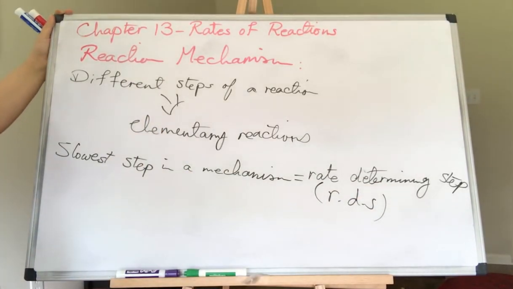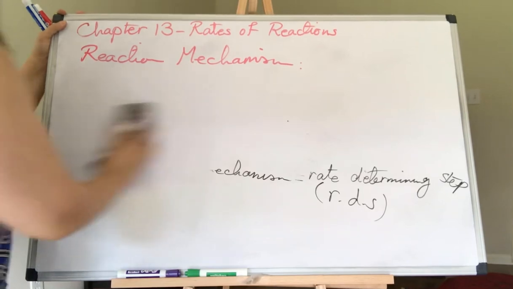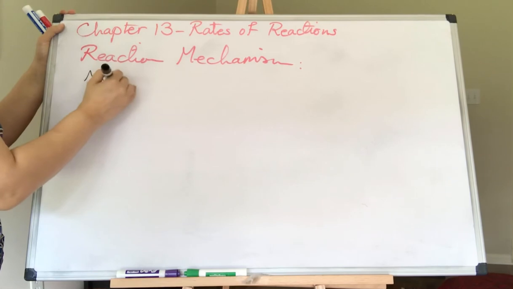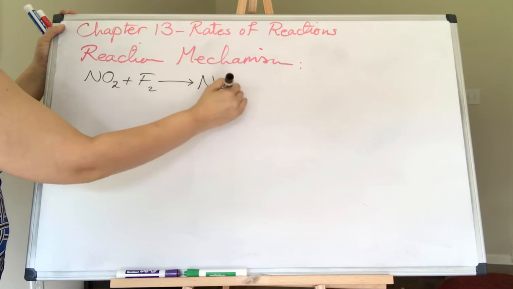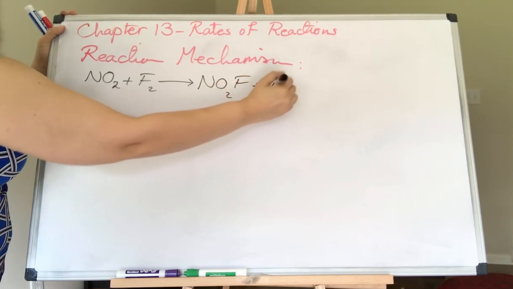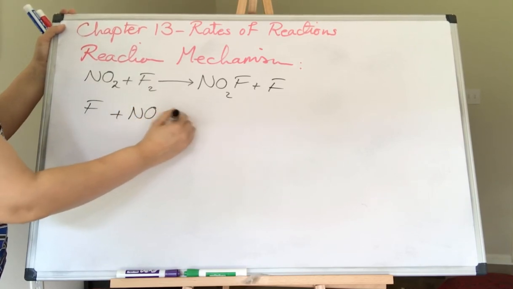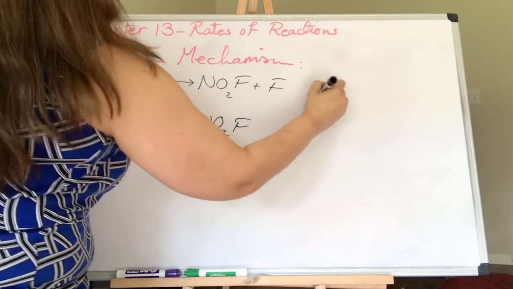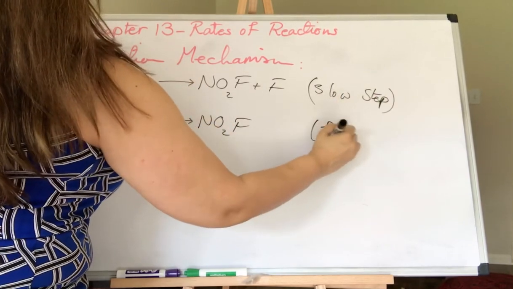So let's work on slide number 92, see how we can determine what we just talked about. We have a reaction with these two steps. So it says this first step is the slow step and the second one is the fast step.